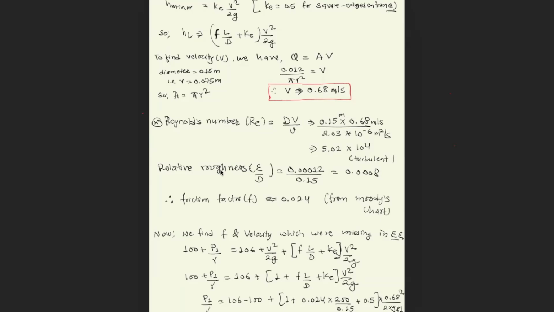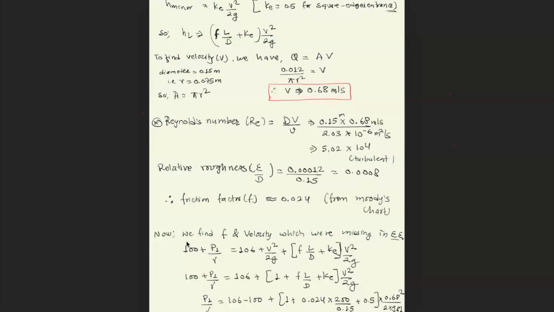Similarly, for relative roughness, we are given the value of E as well, and we know D. That gives us 0.008. Looking at the Moody chart again, the friction factor will be about 0.024, and you know how to use the Moody chart properly as well. If not, I suggest you look at one of the YouTube videos on how to read a Moody chart.